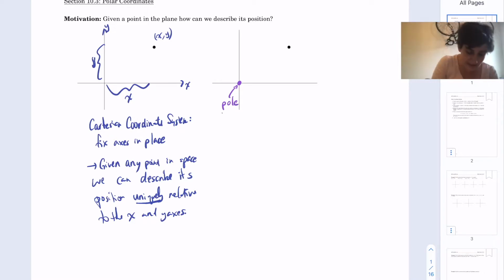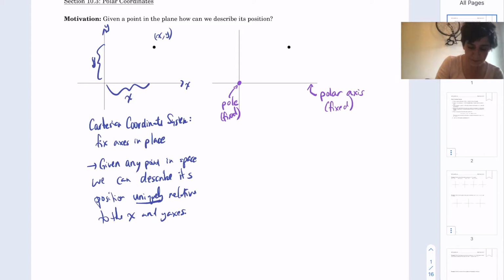This is fixed, and we call this the polar axis. It is fixed, and those are our fixed things that we're going to position our point relative to.